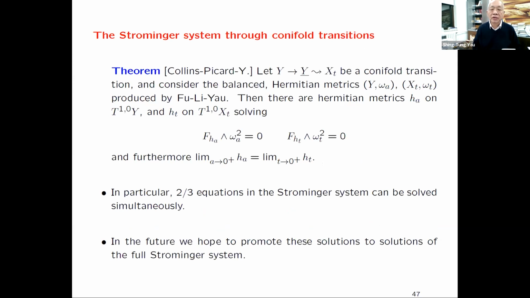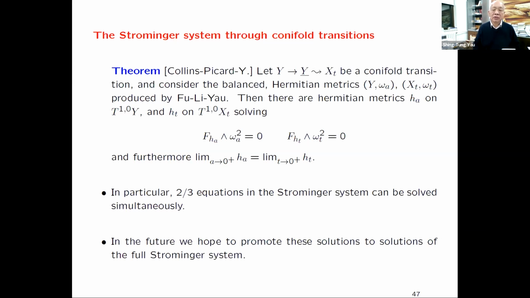So in this conifold transition, we have this balanced metric constructed by Fu, Jun Li, and myself. We can prove there exist Hermitian metrics on the tangent bundle of Y and the tangent bundle of X. So both of them are tangent bundles, and we solve the equation that we want.